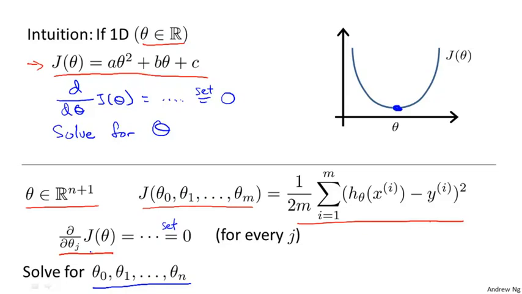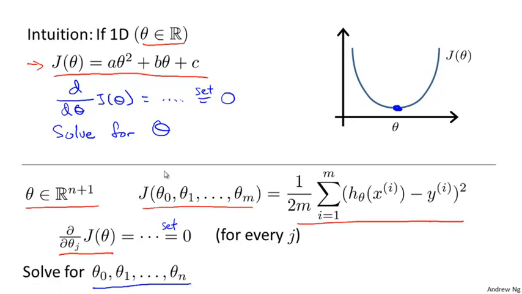But what I want to do is just tell you what you need to know in order to implement this process so that you can solve for the values of the thetas that correspond to where the partial derivative is equal to 0, or equivalently, the values of thetas that minimize the cost function J of theta. And I realize some of the comments I may have made made more sense only to those of you a little more familiar with calculus. But if you're less familiar with calculus, don't worry about it. I'm just going to tell you what you need to know in order to implement this algorithm and get it to work.